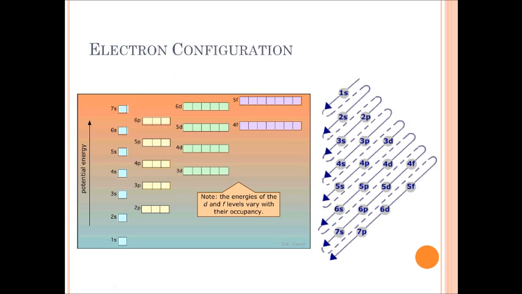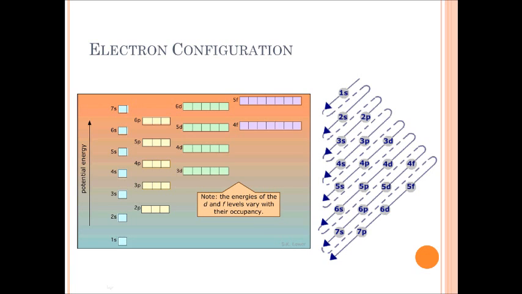Now, in order to learn how to fill these, remember that we start at the bottom and we work our way up. And the diagram on the left shows you how those energy levels are stacked. Some energy levels are lower than others. The orbitals are kind of stacked.